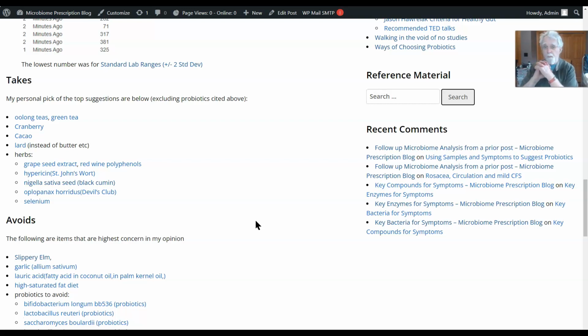Interesting thing. Usually lard is not viewed as healthy, but in this case it may actually be because it will encourage or inhibit certain types of bacteria. And then we have herbs, and selenium is there, which is not atypical for a chronic fatigue syndrome microbiome suggestion, and same with grapeseed. So those two are there.